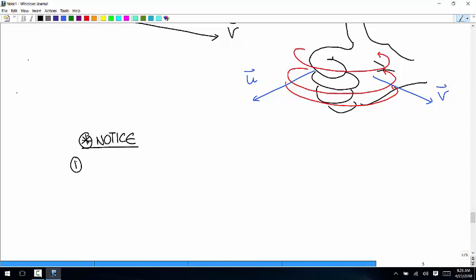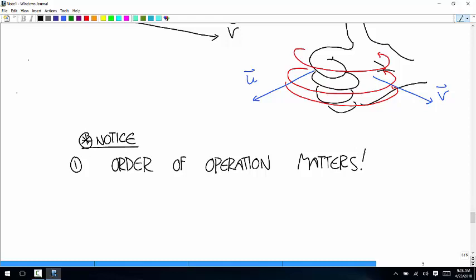So first of all, do you remember with the dot product, if you had a vector u dotted with a vector v, that was equal to v dot u. The order didn't matter. This time the order does matter. So u cross v is equal to negative v cross u this time.